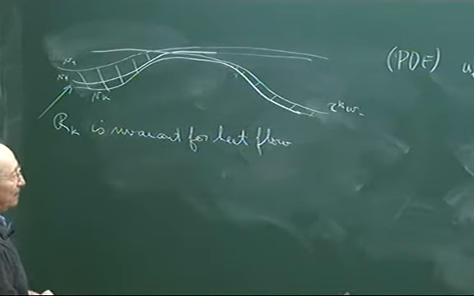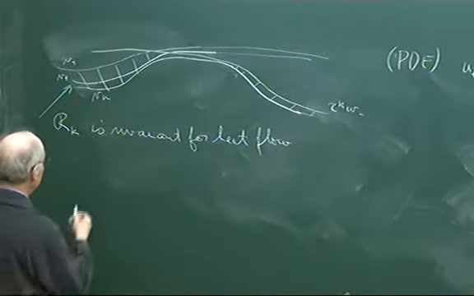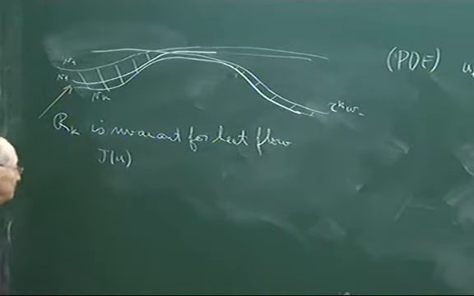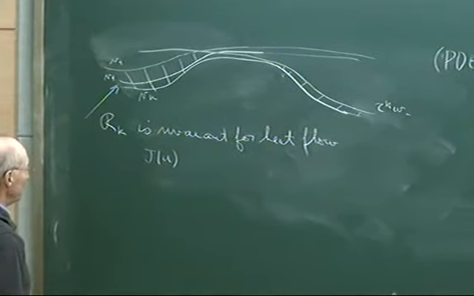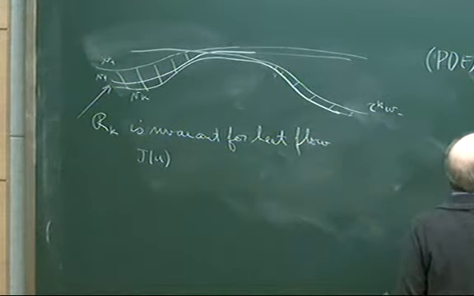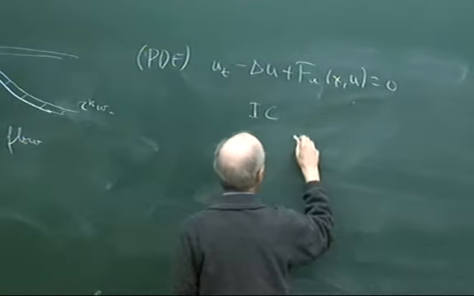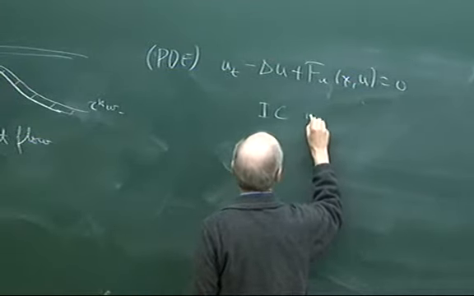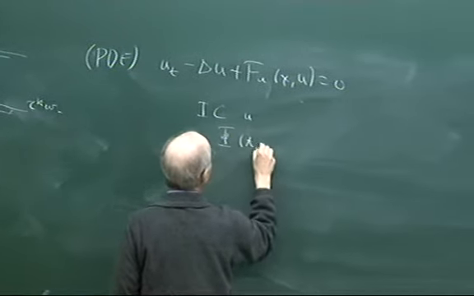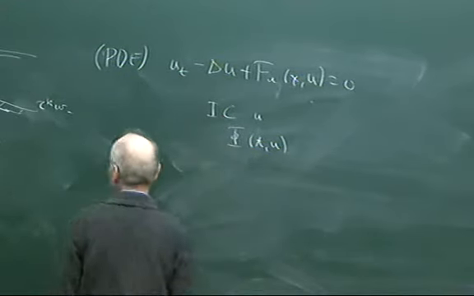Secondly, if you look at the functional, let's look at J of u. Let's say we take initial data u, and we'll call phi t of u the solution with initial data u to the parabolic equation.